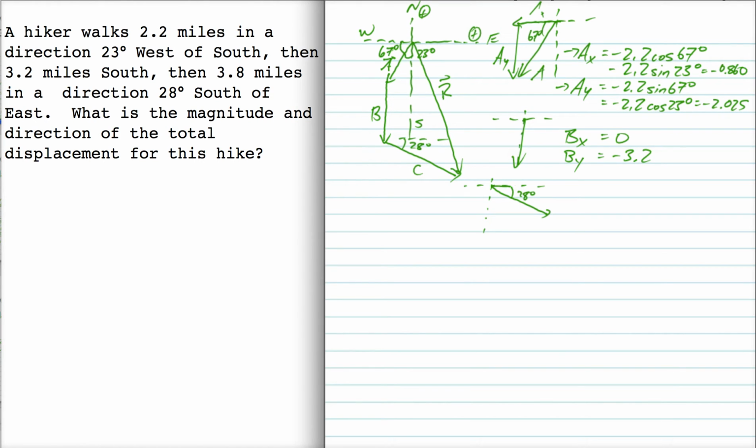So we're going to split that up into Cx and Cy. Cx is positive 3.8 cosine 28, which is 3.355, and Cy is negative 3.8 sine 28.